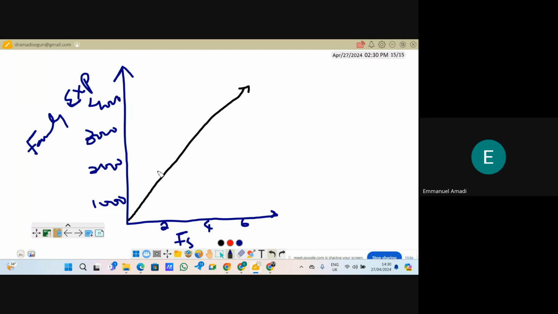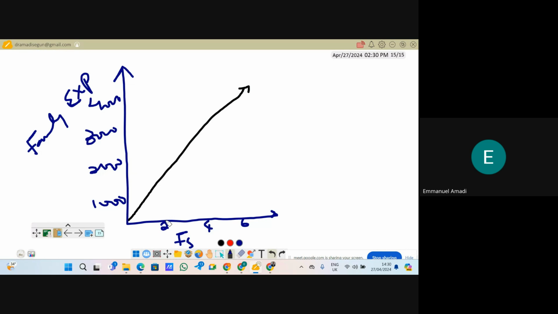So now the first thing you look at when you look at this graph is ask yourself what is on the vertical and what is on the horizontal. The vertical is trying to tell you that this is family expenses, the money the family spends. The horizontal is trying to tell you the size of the family. So this graph is trying to compare the family expenses to family sizes.